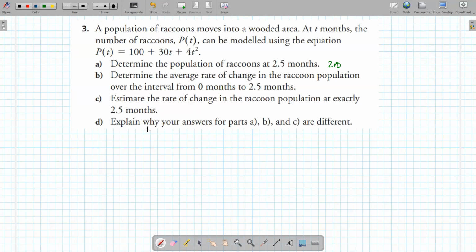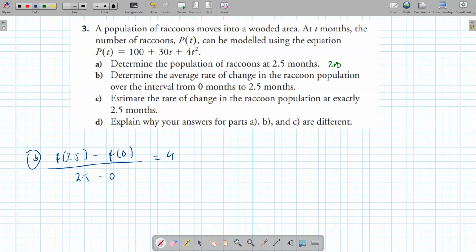You just use the formula for part B. We're just going to do f of b, so f of 2.5 minus f of 0 all over 2.5 minus 0. If they give you two different values, or if they give you an interval, that's probably going to be an AROC question, which it is. You just use this formula. Okay? It's not super difficult. So you just plug everything in now. So 100 plus 30 times 2.5 plus 4 times 2.5 squared minus 100 divided by 2.5.